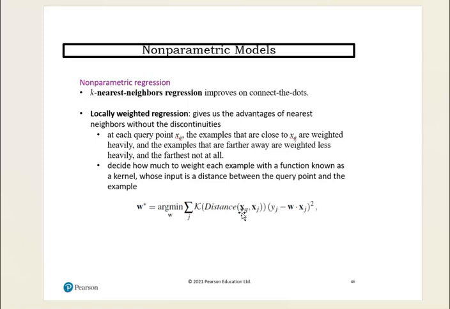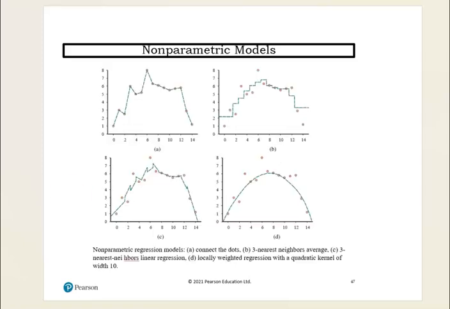When we apply this method, you can see in graph D, which has a kernel width of 10, that to get the equation at point 0 here, we used all the data up to 10 to get the equation of the regression line around point 0, and so on.